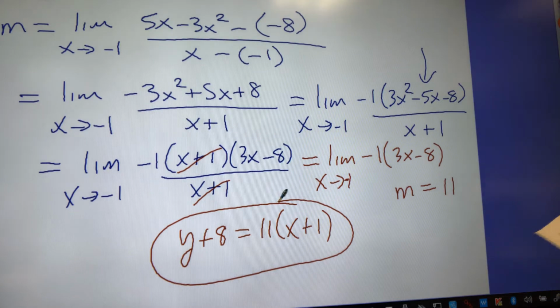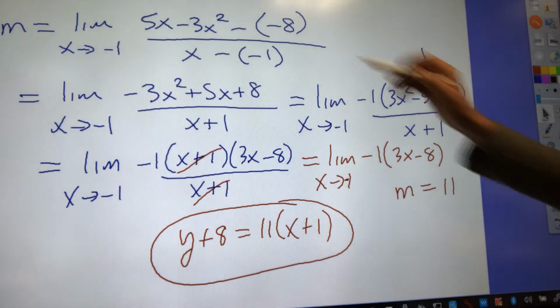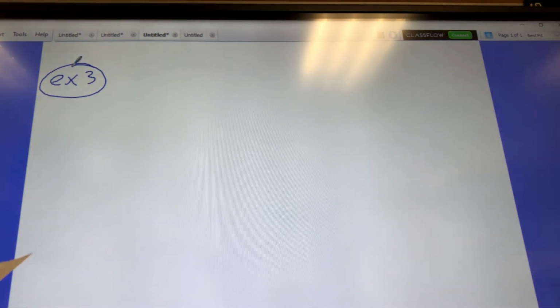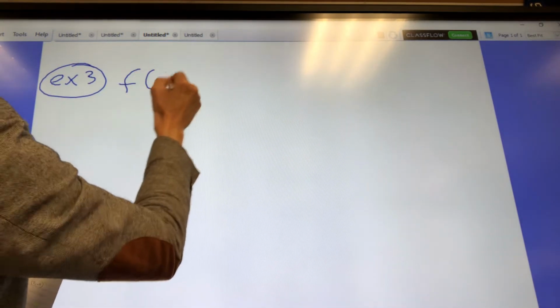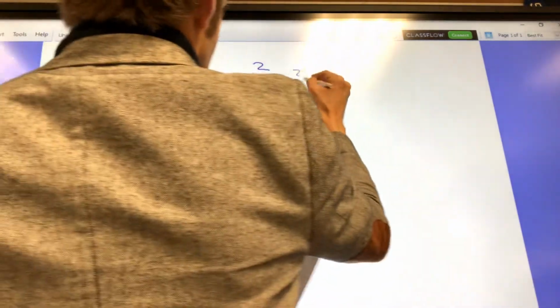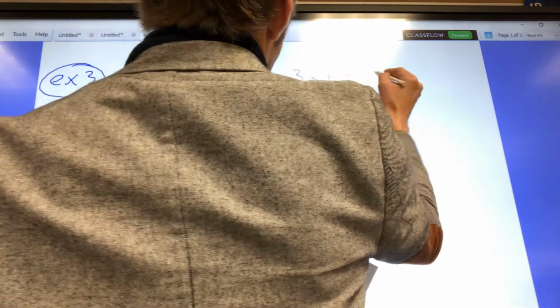All right, we're going to go on to the next one. Example 3. f of x is equal to the opposite of x squared minus 3x plus 5.